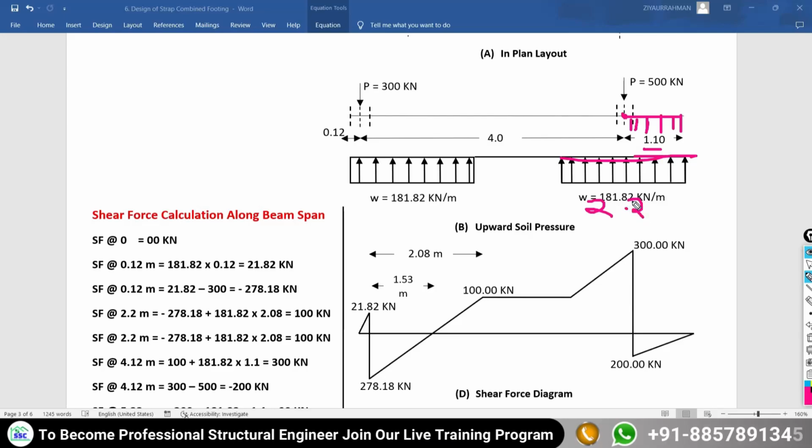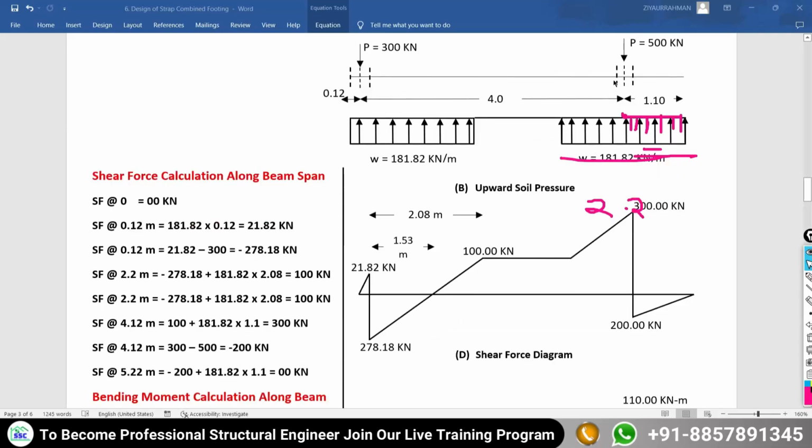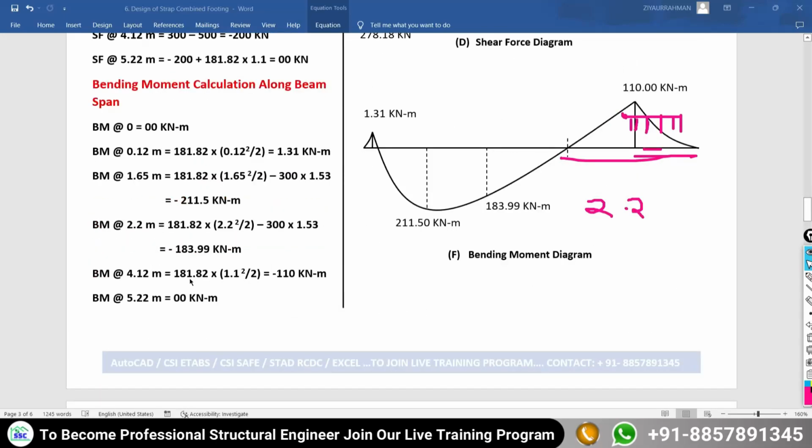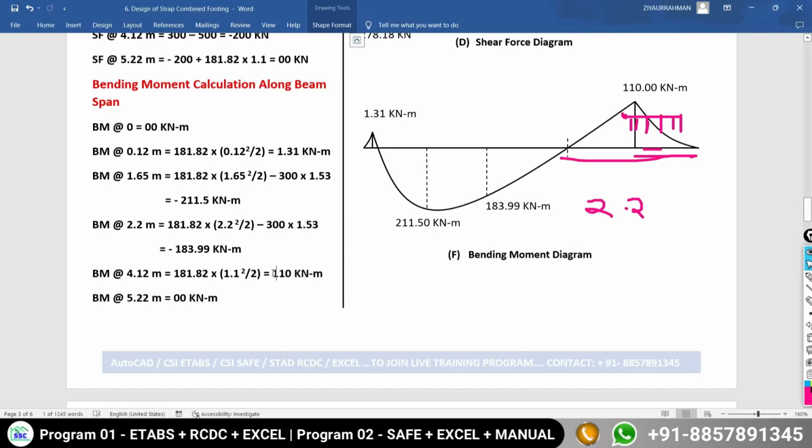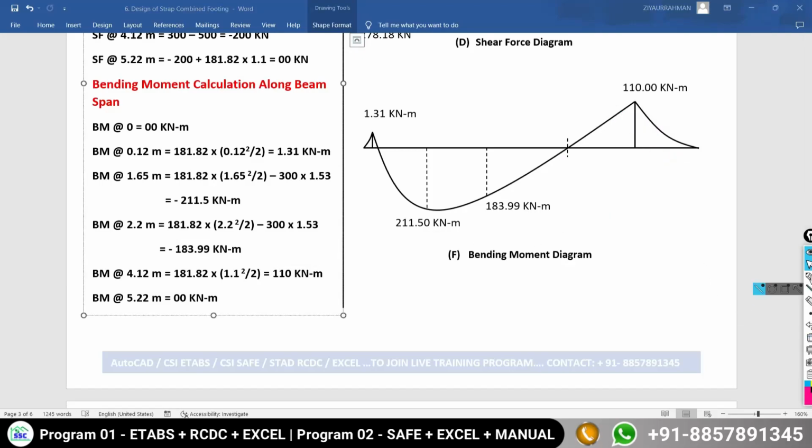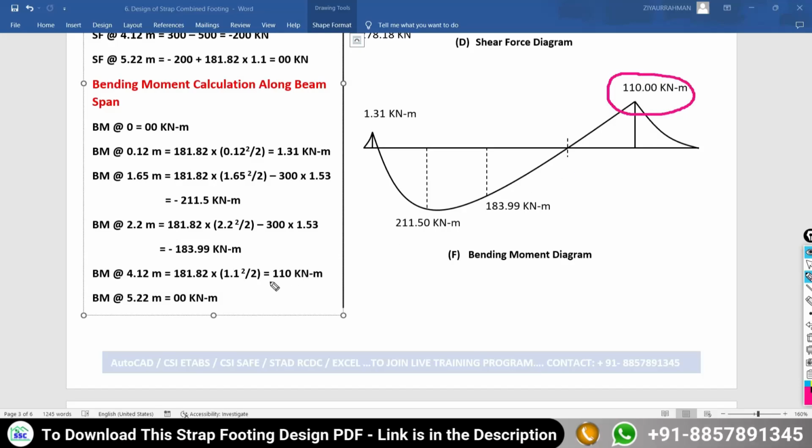So 181.82 multiplied by 1.1 squared divided by 2, you are getting the bending moment under the column C2 as 110. It is actually positive, because it is a sagging bending moment. You are getting the bending moment above the line. So 110 kilonewton meter sagging, positive bending moment you are getting, and finally at the edge of the foundation you are getting the bending moment as 0.